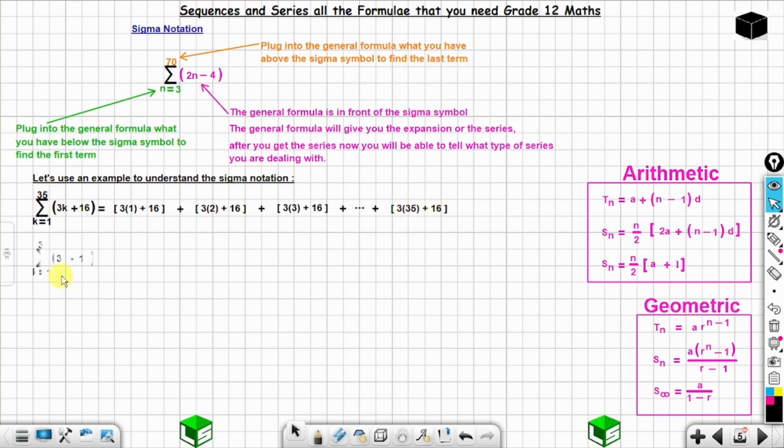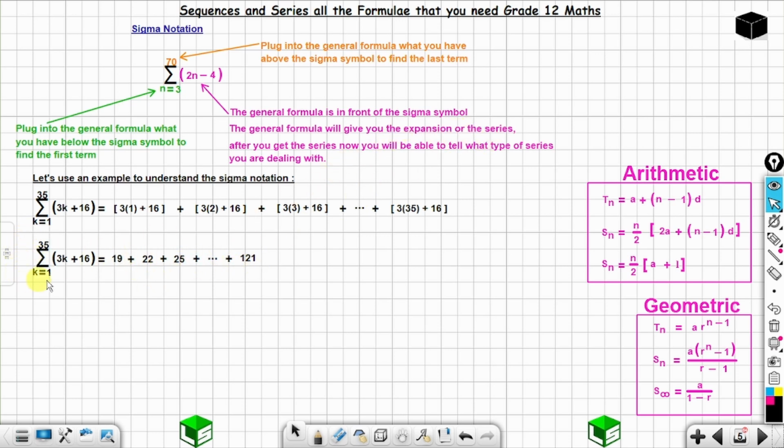So this is equal to 3 plus 16, 19, plus 6 plus 16, 22, plus 9 plus 16, 25, plus you have terms in between, plus now you have this is equal to 121. So you have your expansion or your series.